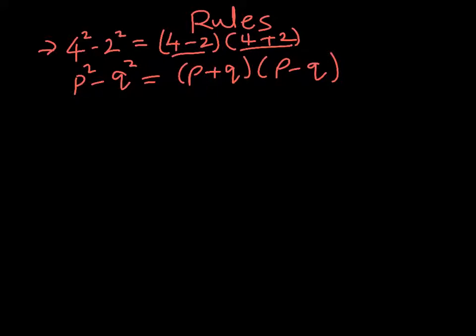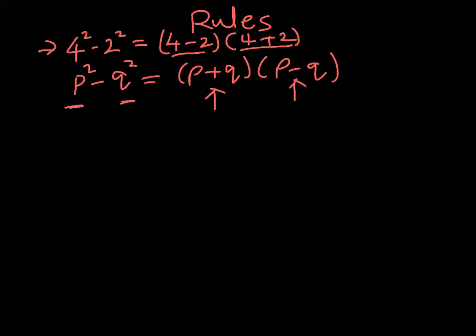So therefore, anytime you have a difference of two squares, what you actually write out is the first term and the last term, you're going to write them twice, and then the sign between them is going to be opposite. So for the first one, it's going to be a positive sign. For the second one, it's going to be a negative sign.